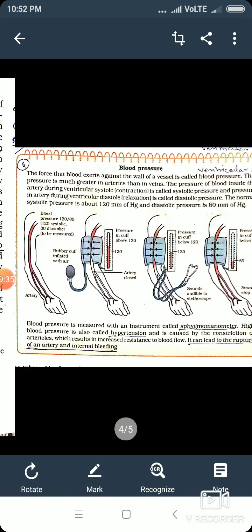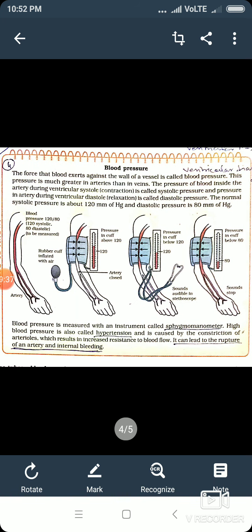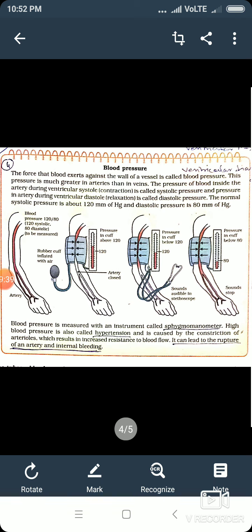Now I will let you know what is blood pressure. The force that blood exerts against the wall of a vessel is called blood pressure. This pressure is much greater in arteries than in veins.